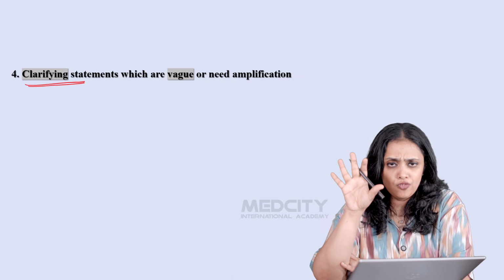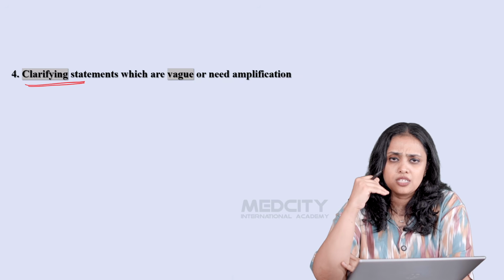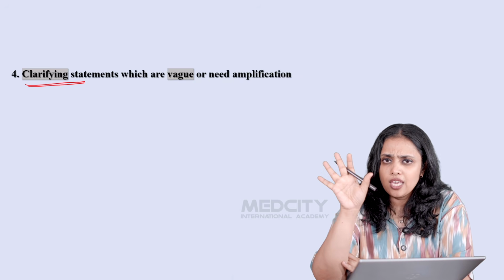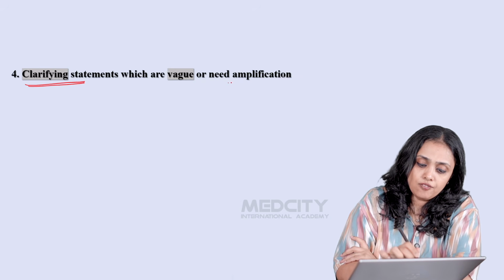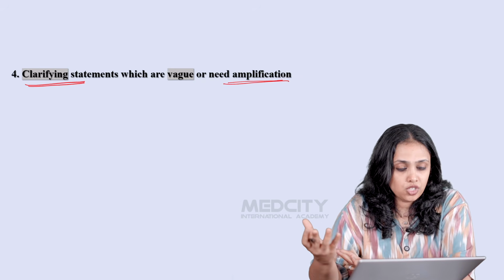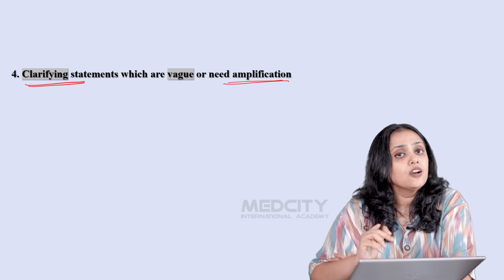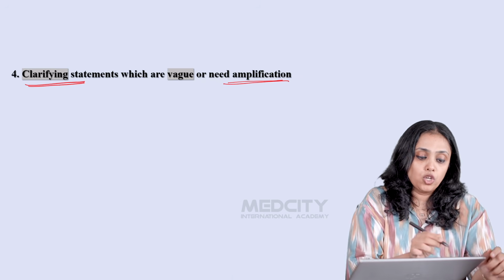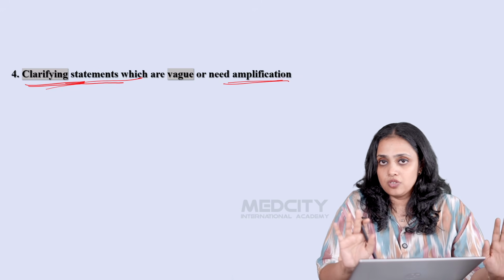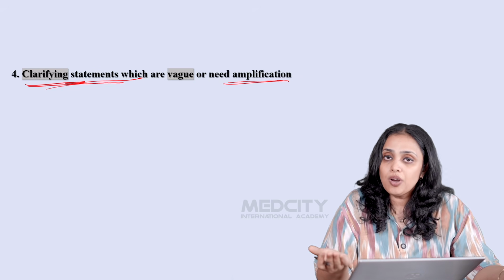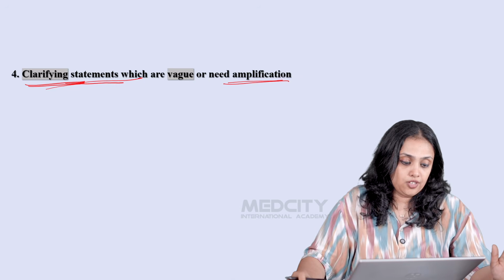If you feel that the idea which the patient has given to you is vague and you want to know more, you should definitely go for clarification. If you feel you need amplification, then you have to ask further questions. That is what you mean by clarifying statements. Whenever the patient's response is vague, you need to ask further questions to get clarification.